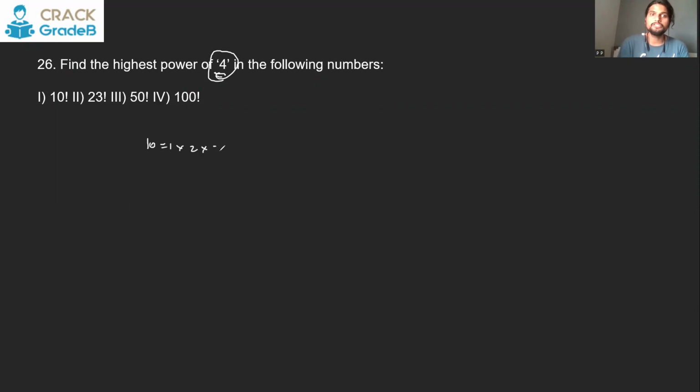1 into 2 into 3 into 4 into 5 into 6 into 7 into 8 into 9 into 10. So if you write the 2's power in this number, as we already have solved, 1, 2, 3, 4, 5, 6, 7, and 8.